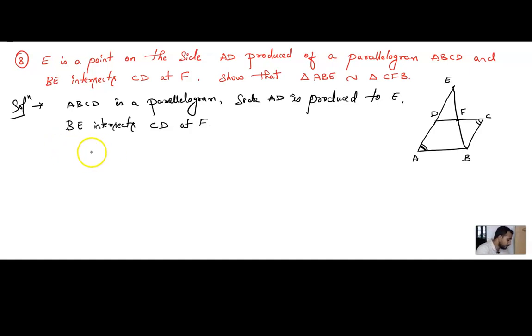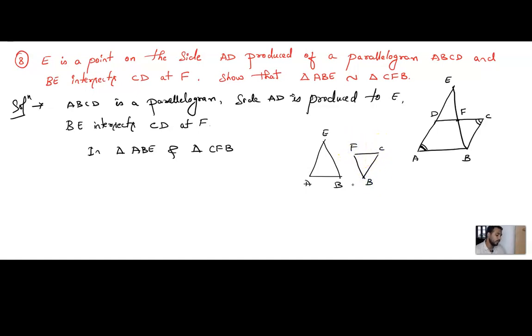Children, now in triangle ABE and triangle CFB, can you see, children? Triangle ABE, this is my triangle ABE, and triangle CFB, where is triangle CFB? It's here, this part. Can you see?